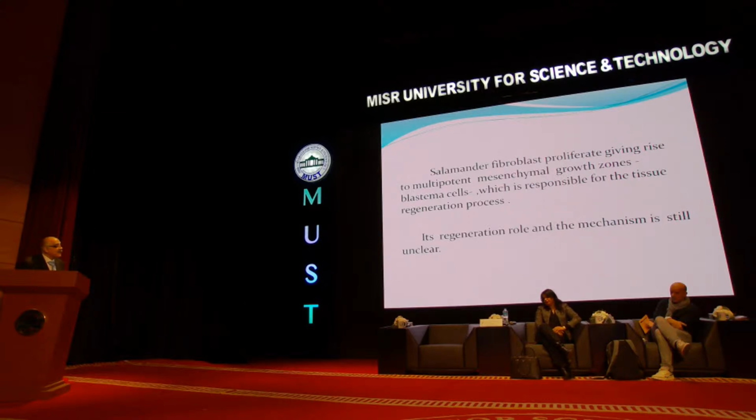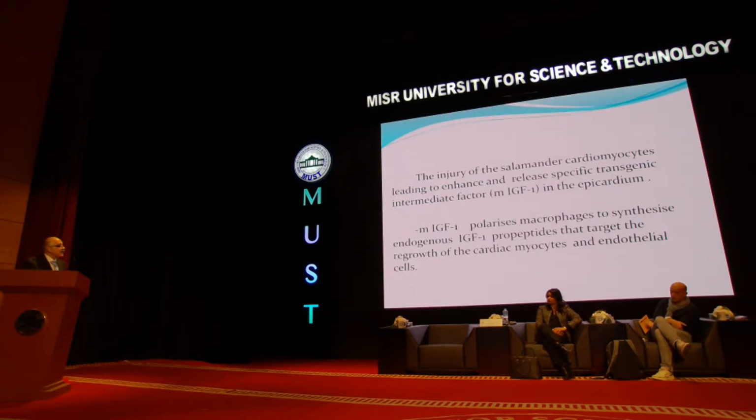Salamander fibroblasts proliferate, giving rise to the multipotent mesenchymal growth zone blastema cells, which are responsible for the tissue regeneration process. Its regeneration rule and mechanism is still unclear. Till now, it is unclear. Now, the injury of the salamander cardiomyocyte leads to enhanced release of species-specific intermediate factor.